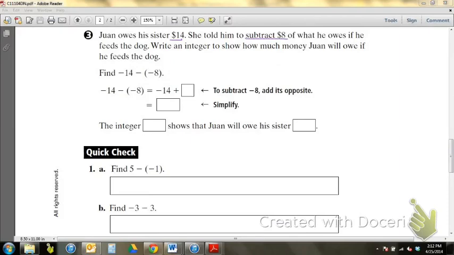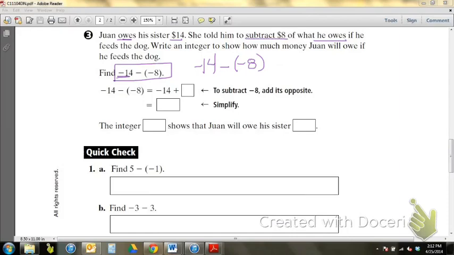Write an integer to show how much money Juan will owe if he feeds the dog. So this is really what they're asking you to do. They started with negative 14 because he owes her $14. So Juan is already starting $14 in debt. Then he's going to subtract $8 of what he owes, which means take off 8 of those negative dollars.